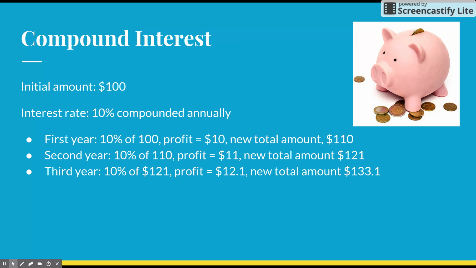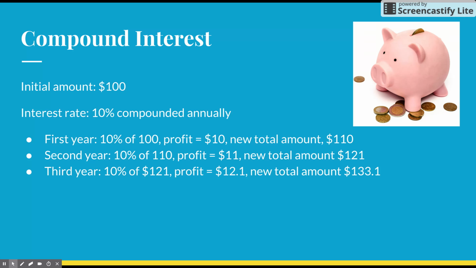So compound interest isn't just a one-time thing. Oh, here's $1,000, I get $10. No, that's not how it works. What it is, every time you get a percent of profit, as you see here, like the first year you get 10% of $100, which is $10 profit. Your new amount is actually $110.